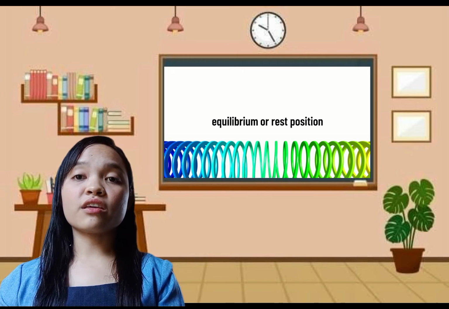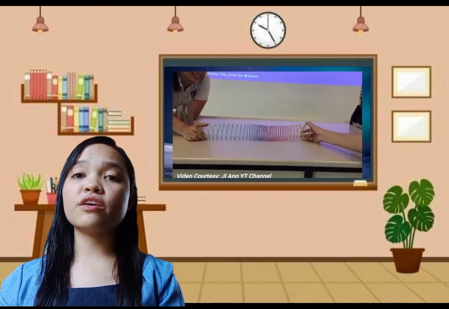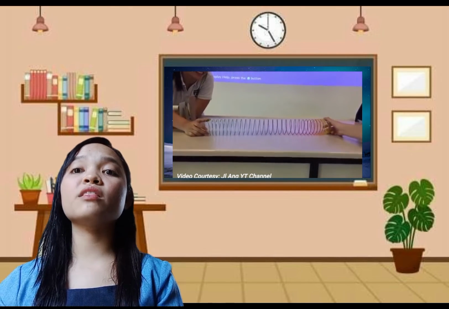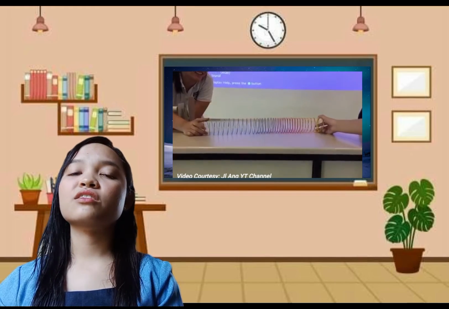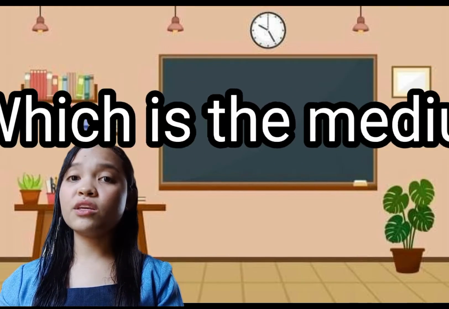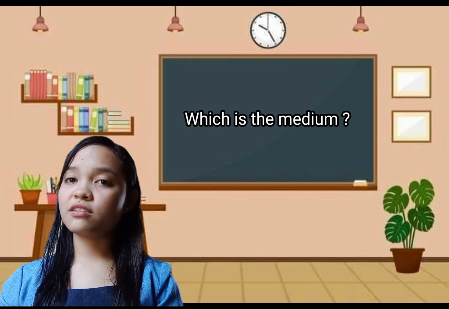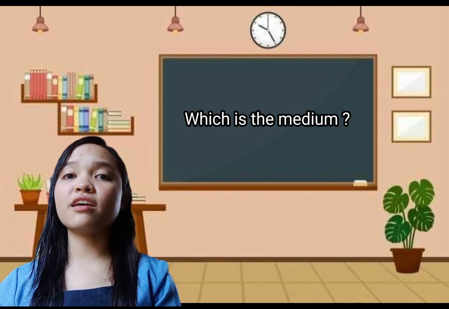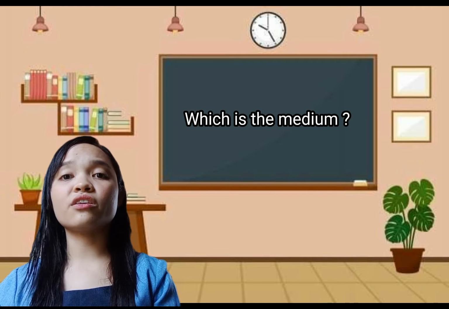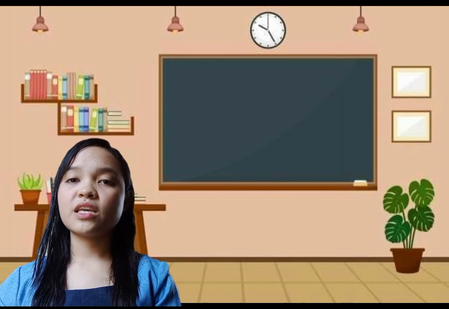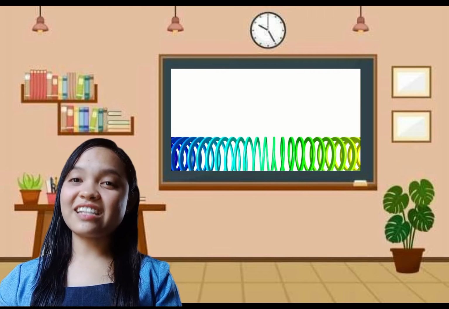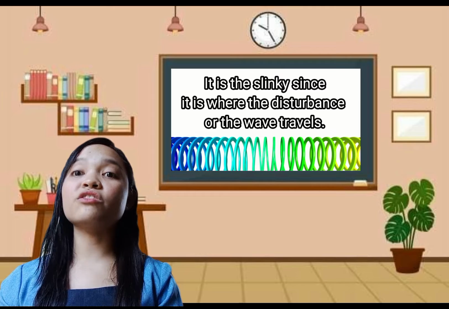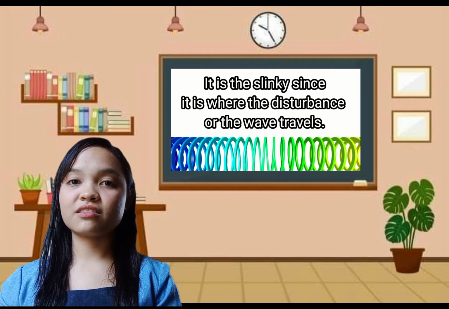It is not moving, but it will begin to move if the initial coil of the slinky is continuously moved from left to right. Which do you think is the medium in this example? Which generates a disturbance that moves from one end of the slinky to the other? Correct! It's the slinky, because it's where the disturbance or waves travel.